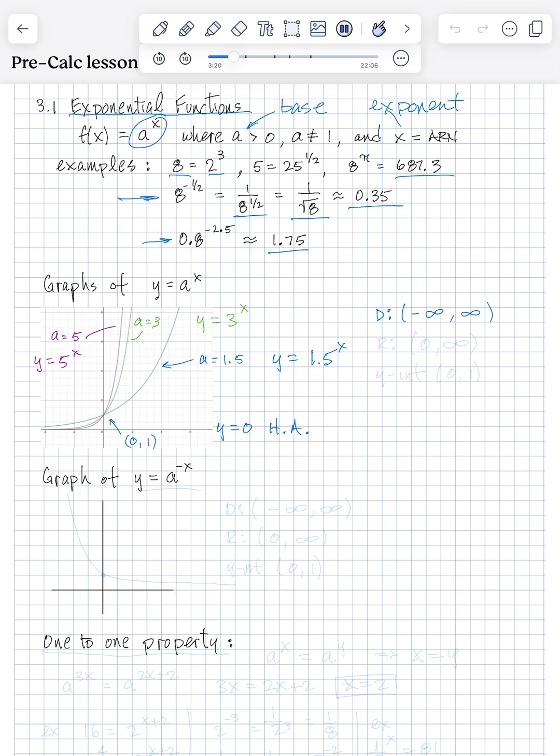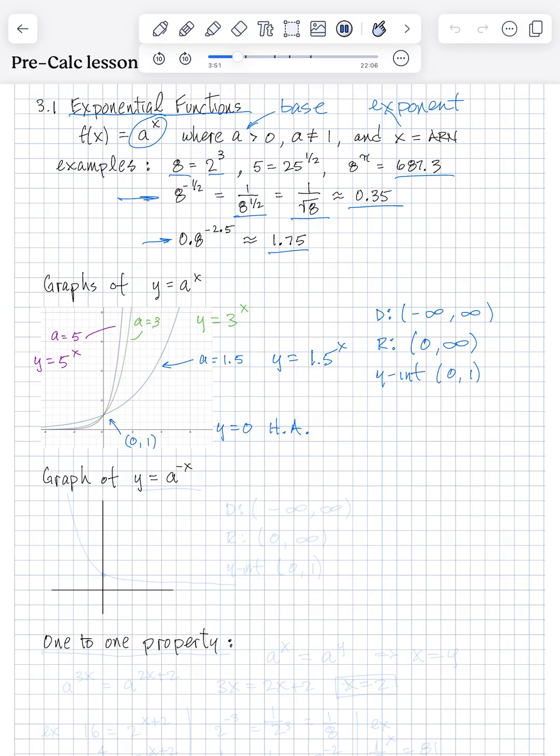The range, it doesn't get below 0. As a matter of fact, it doesn't even touch the y equals 0. So we're going to have 0, and it goes all the way up to infinity. Well, we talked about the y-intercept is 0, 1. And that's it for that.